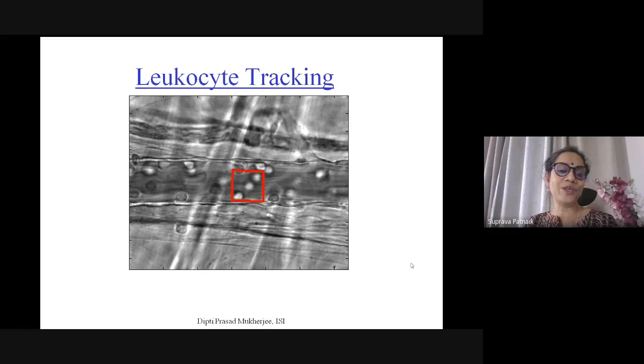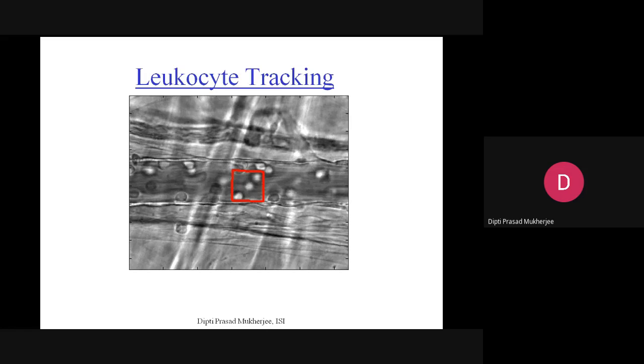Yeah, this one also was interesting. This is leukocyte tracking, and it is used for drug target studies. These are not allowed on human beings; they are allowed on animals. These are mice. A mouse is injected with a virus, and then injected with a medicine.